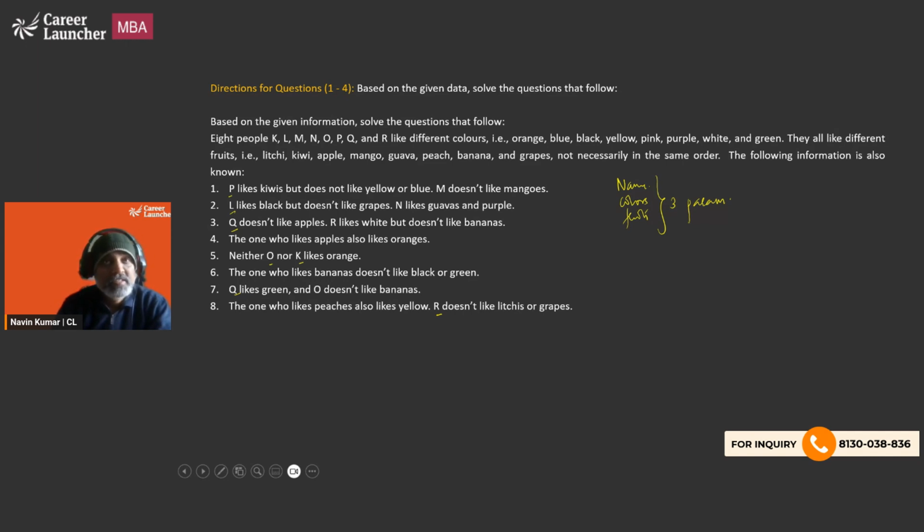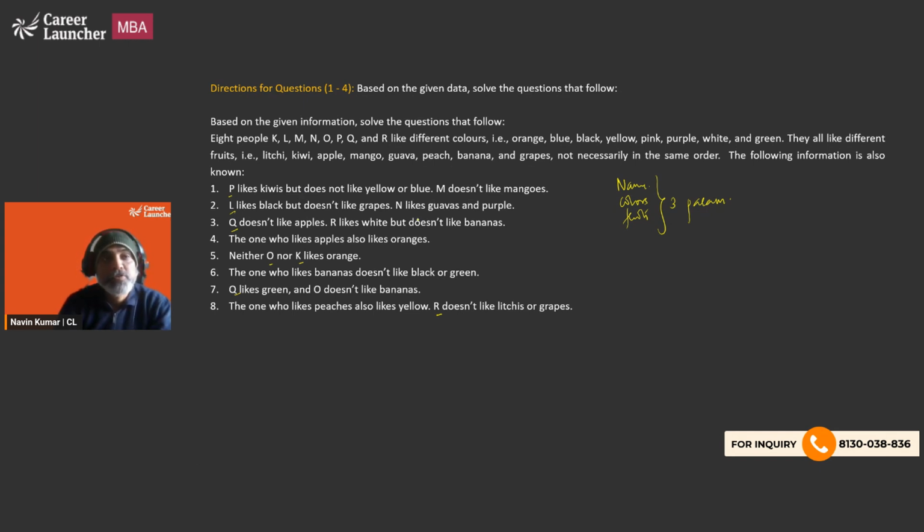Now within that, should we draw a 3-column table for each of these 3 parameters, or should we draw it differently? That depends on how the language of the additional statements is framed. So when it says P likes kiwi, obviously beside P under the fruit column, we will be writing down kiwis, but does not like yellow or blue.